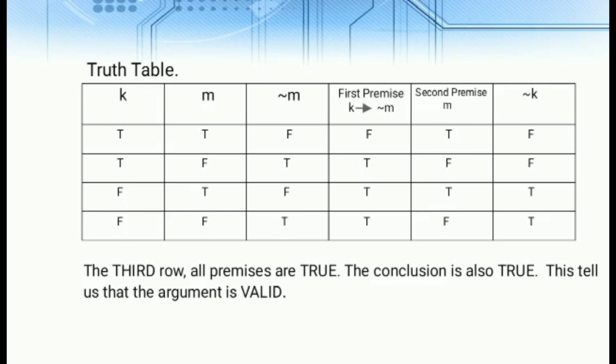For the negation of M, the M here is true, so the opposite of true is false. False, the opposite of false is true. False, false, we have here true. So let's proceed to the first premise.